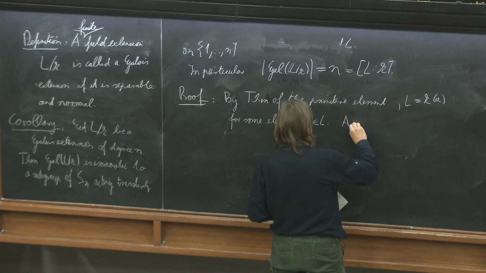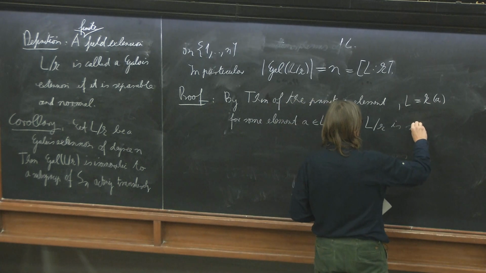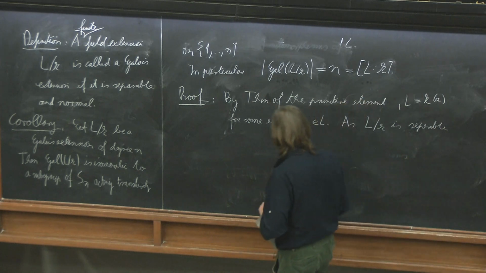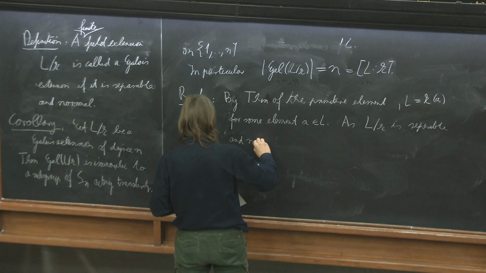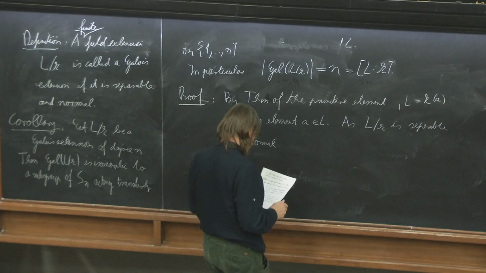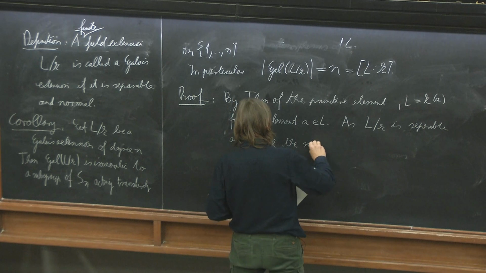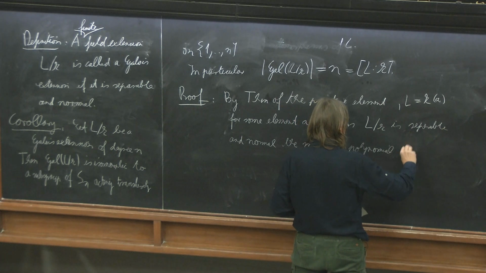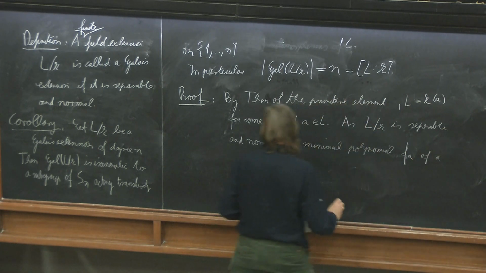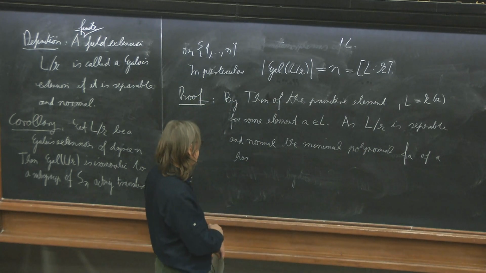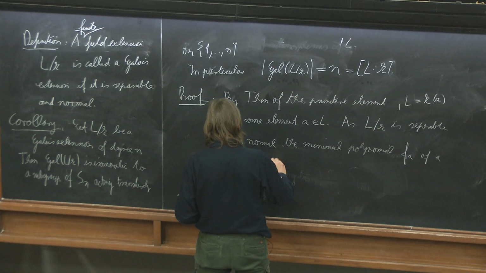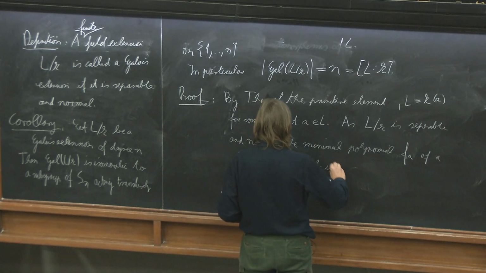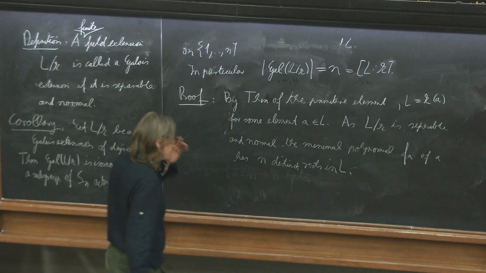So as L over K is separable and normal, the minimal polynomial f_a of a has n distinct roots in L. Maybe I should say a few words about why this is.